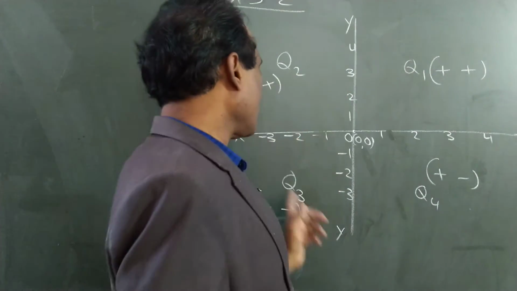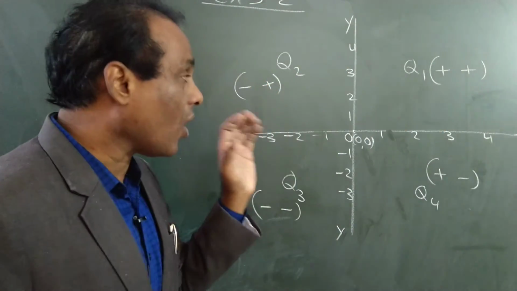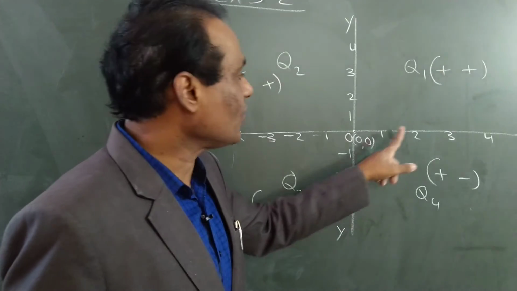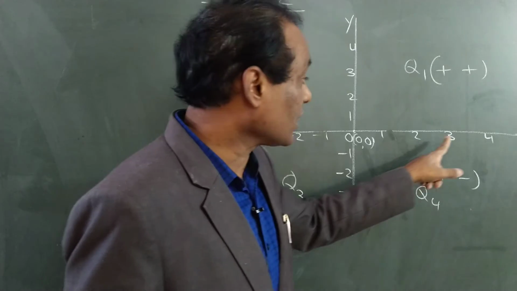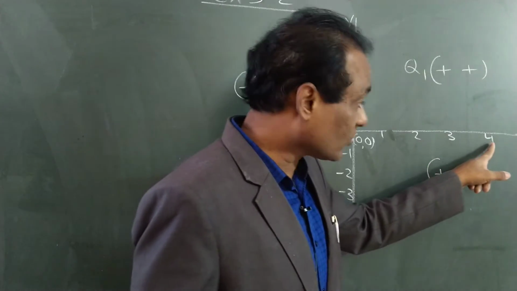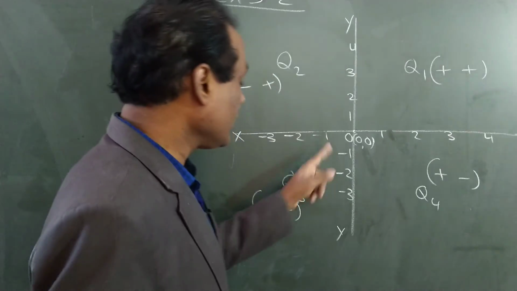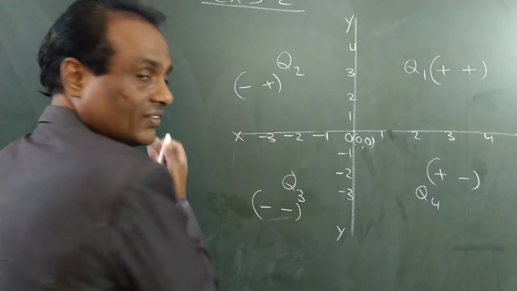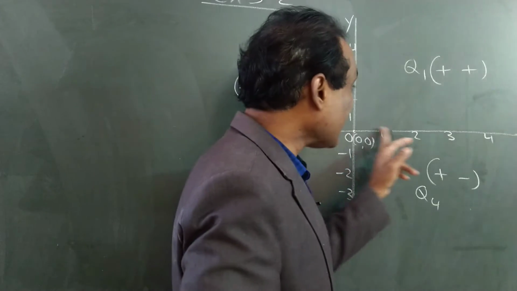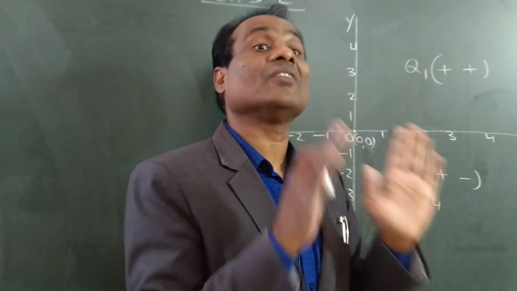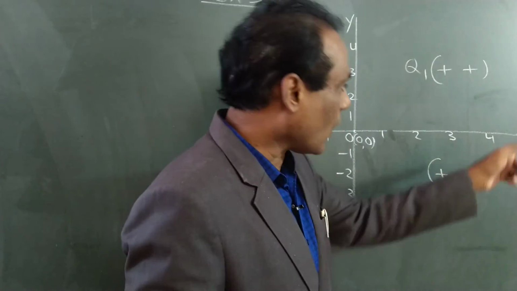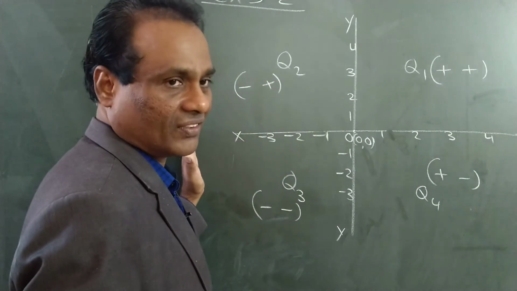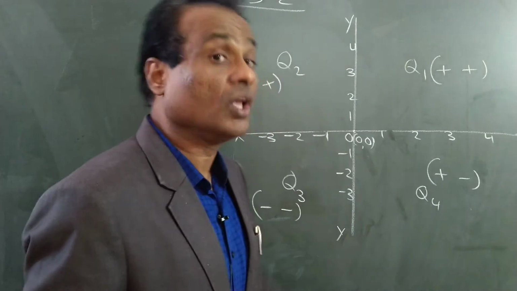Here the points will lie on the x-axis. What is the x value here? 1. What is the x value here? 2. Here? 3. Here? 4. Here? Minus 1. The x value increases on this side and decreases on that side, but at any point on the x-axis, the y value is 0.